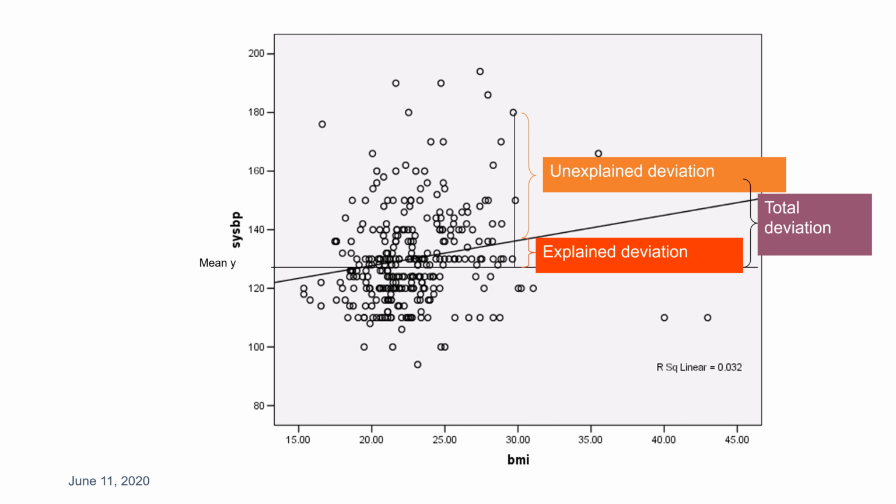A part of the deviation in systolic blood pressure is explained by BMI, and this is the part that is explained. The rest of the portion is not explained by BMI, and there could be different factors which can explain this unexplained deviation, and a few factors we may not know as well.